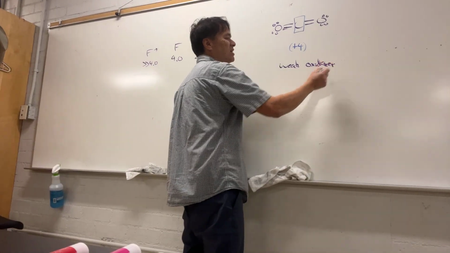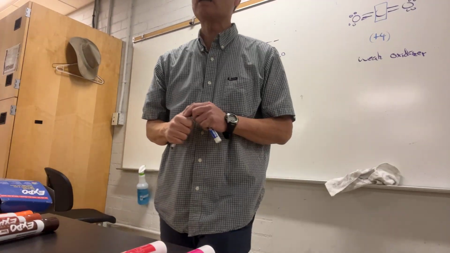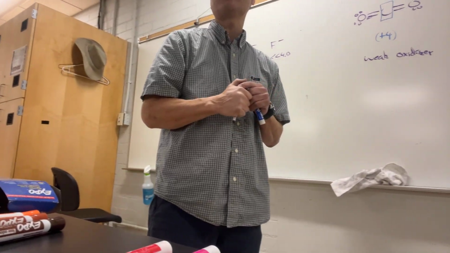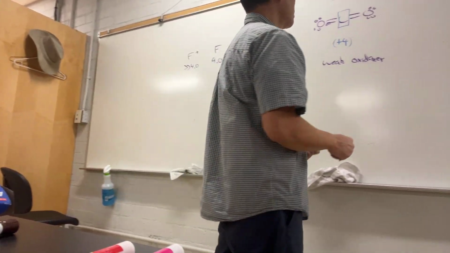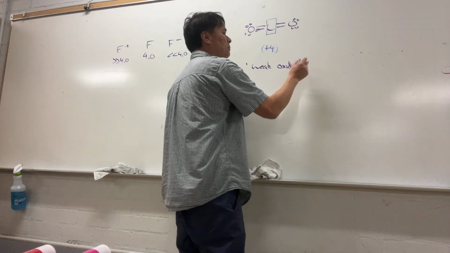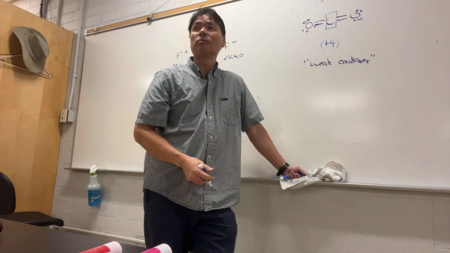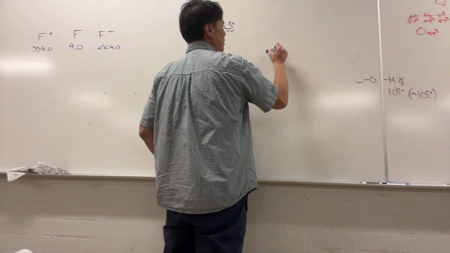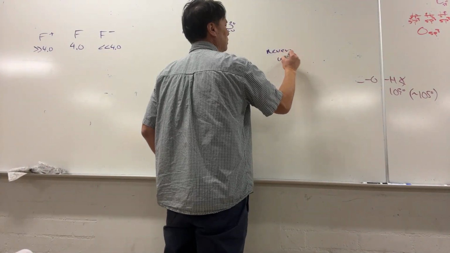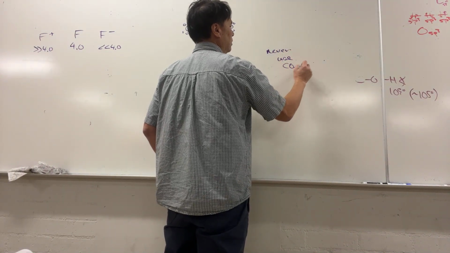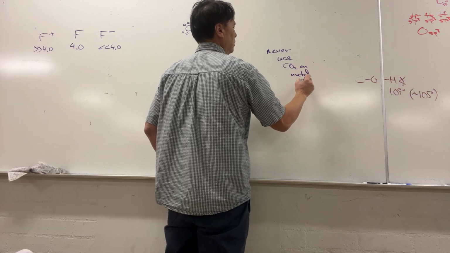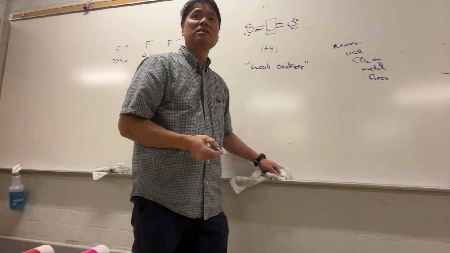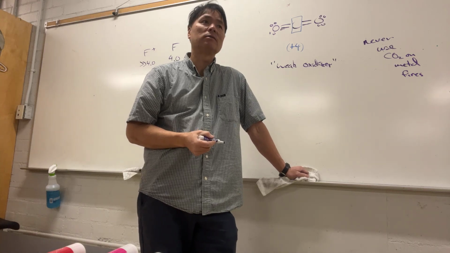But a weak oxidizer doesn't mean it's not very reactive, because if you use CO2 on metal fires, you're asking for disaster. It's a weak oxidizer, sure, but it's plenty powerful enough to oxidize certain metals. And so never use CO2 on metal fires, because CO2 is powerful enough to oxidize metals.